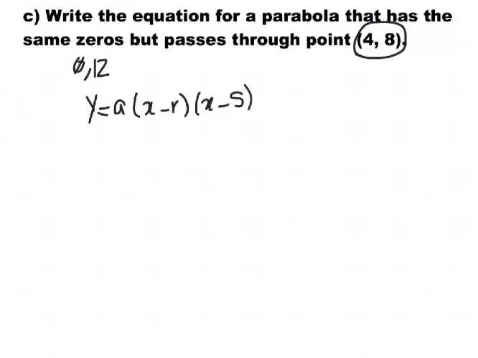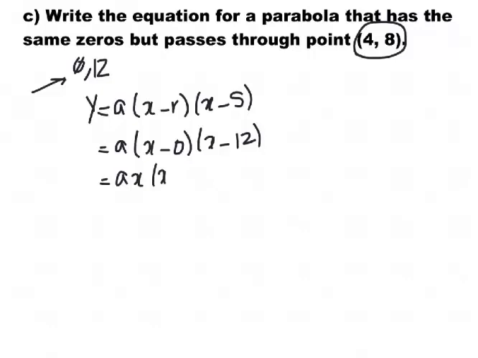Remember, r and s are the zeros, and the zeros in this case are 0 and 12. So I can write this one as a times x minus 0 times x minus 12, which is the same as a x times x minus 12.